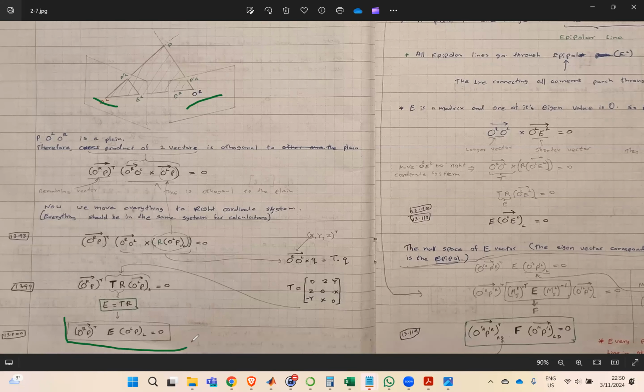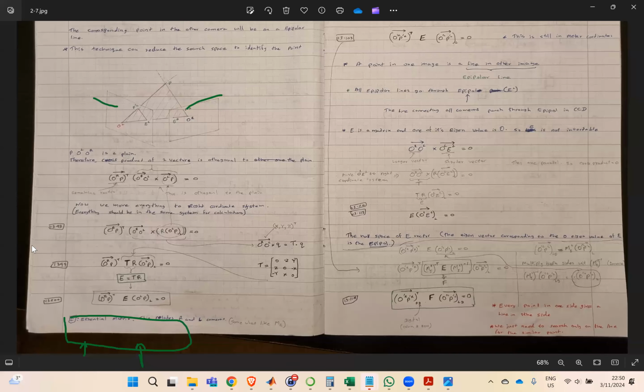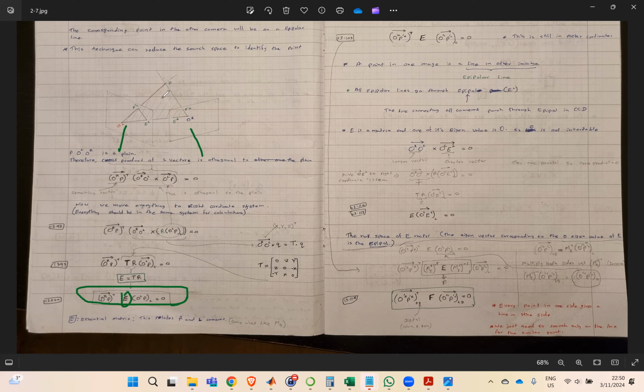Previously we did it in here also, but this was in the world coordinates, capital X, Y, Z. Now we brought it to the camera image coordinates, and here we finalize it with the columns and row coordinates in the camera image, not in meters.